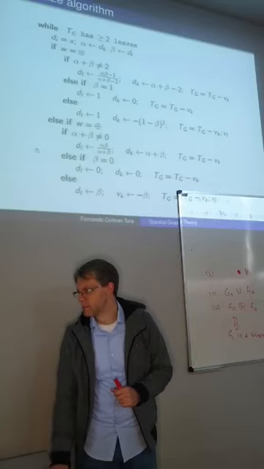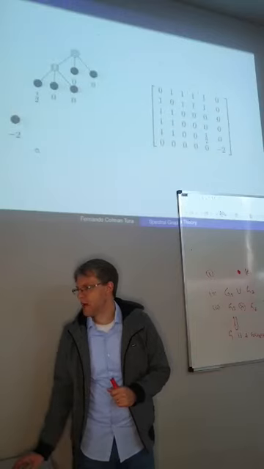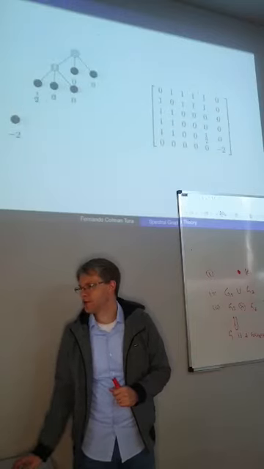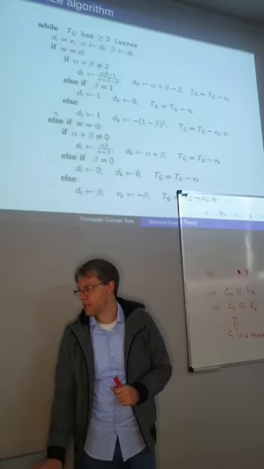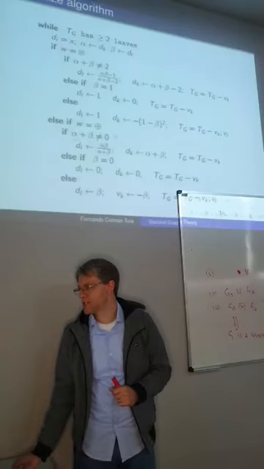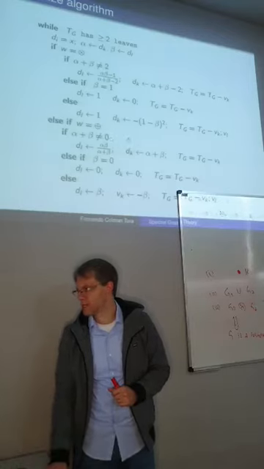If you look here, I have 1/2 and 0. It's not hard to see. The algorithm enters this case here because 1/2 plus 0 is not 0, and then it gives these estimates to the leaves.